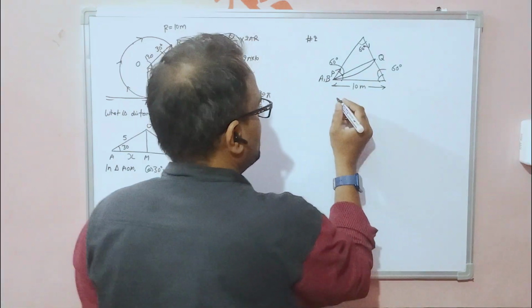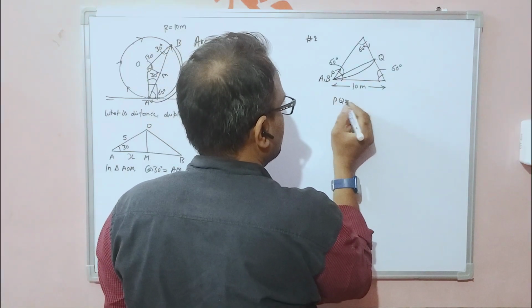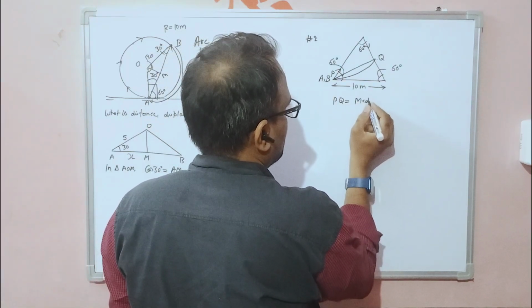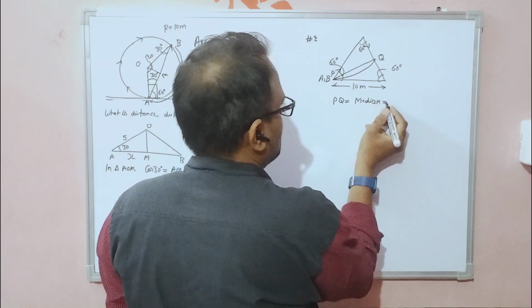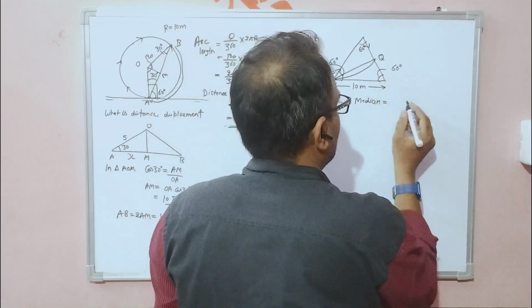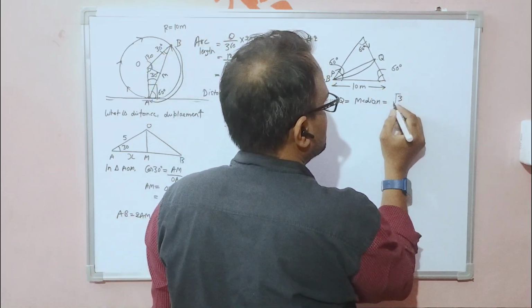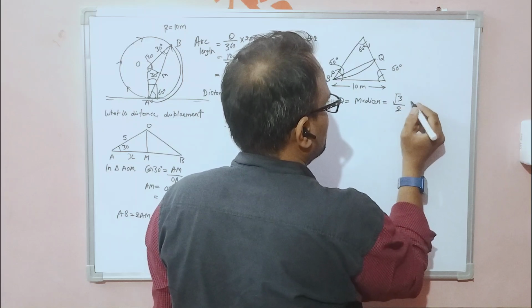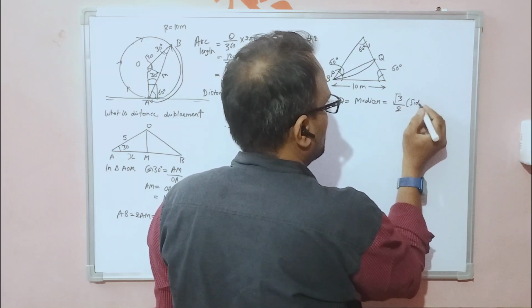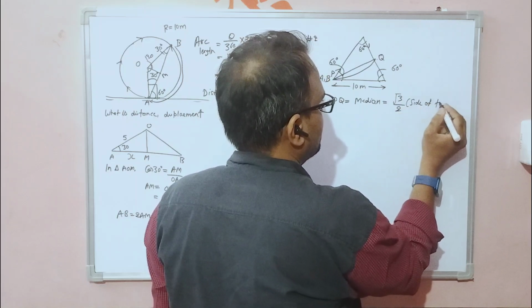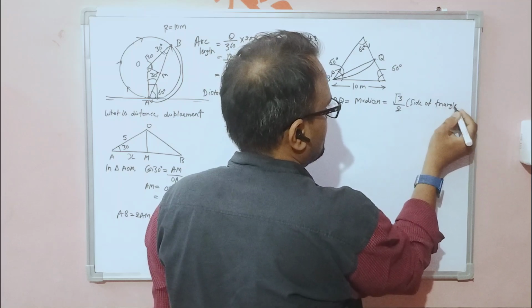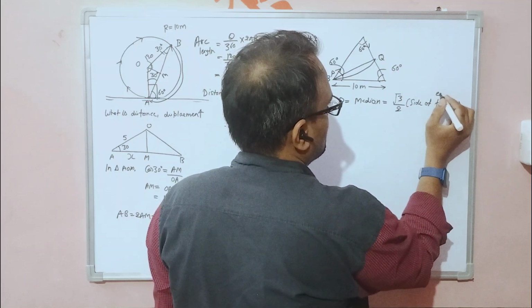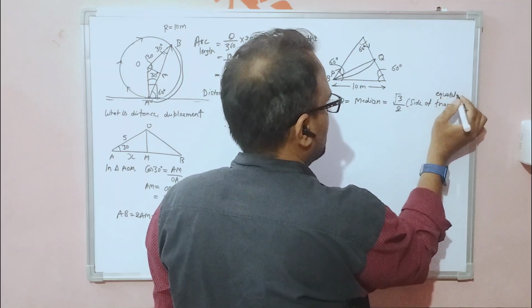And now this PQ is what? The median of this triangle, right? And for an equilateral triangle, we already know the median is root 3 by 2 times the side of the triangle.